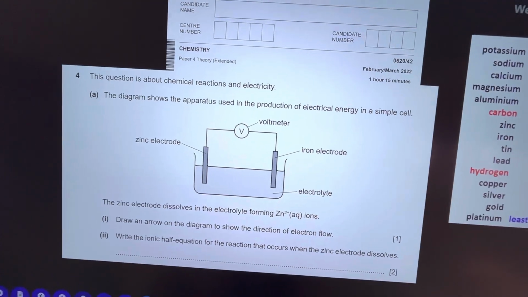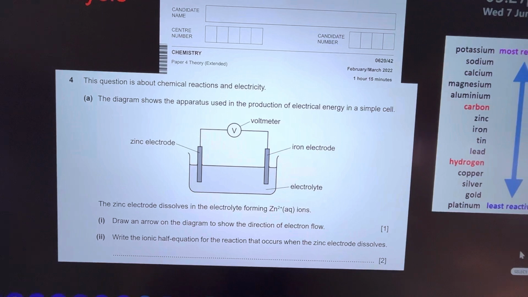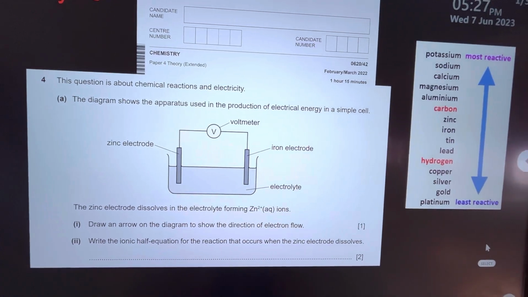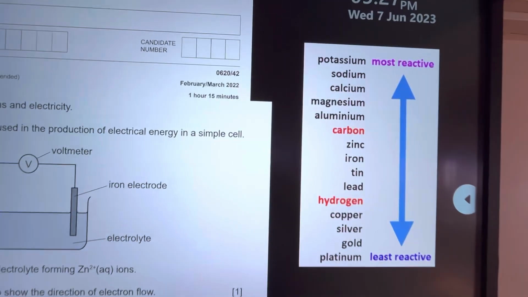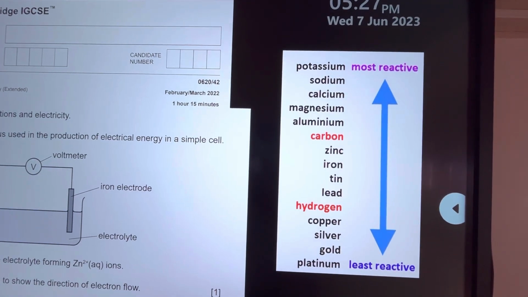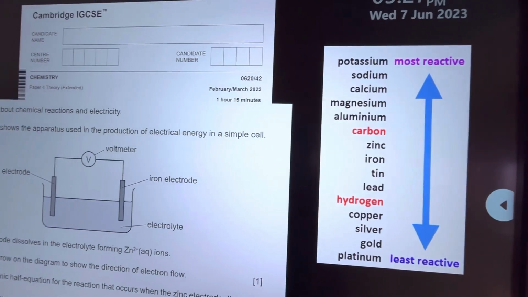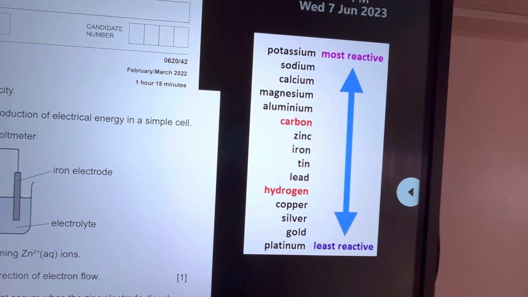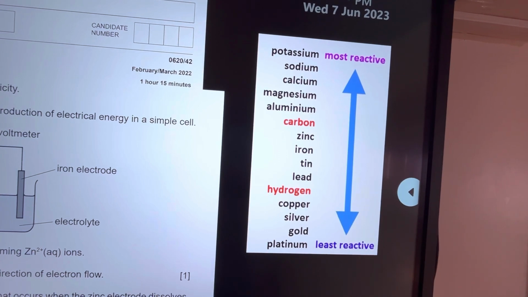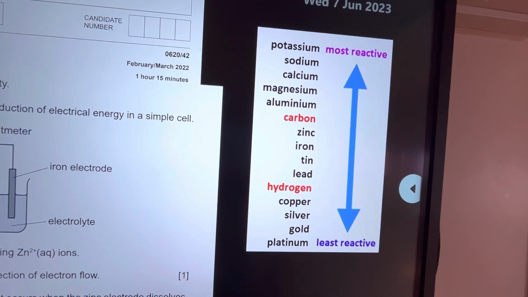If you see this reactivity series carefully, we have zinc and iron, and in the diagram we have a zinc electrode and an iron electrode. Elements on the top position are more reactive.